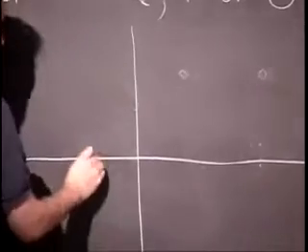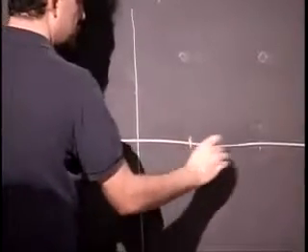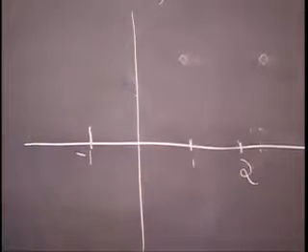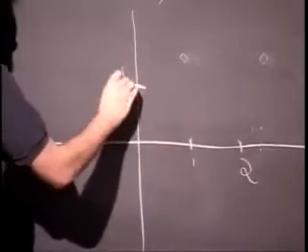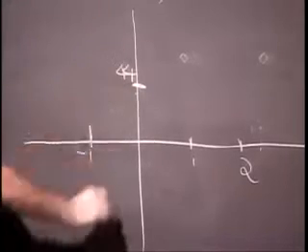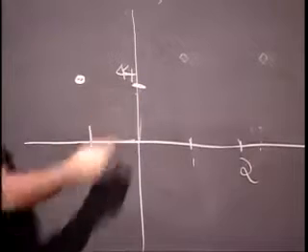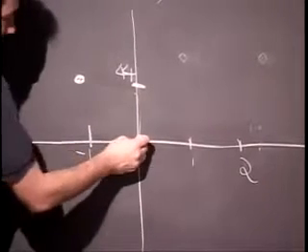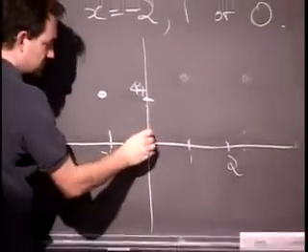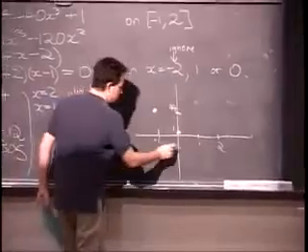So the domain is minus 1 to 2. At minus 1, the height is 44. So this graph obviously has different scales on the axes, if that's minus 1 and that's 44. At x equals 0, you get a height of 1. At x equals 1, we're all the way down to minus 12.